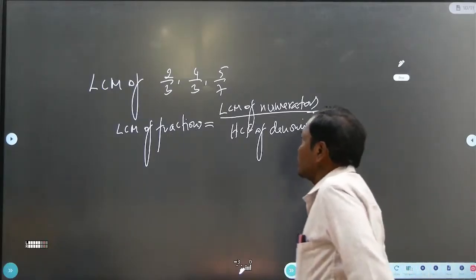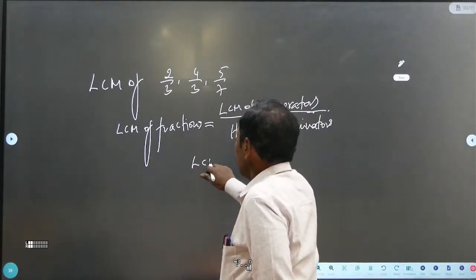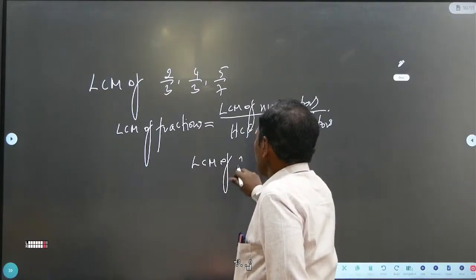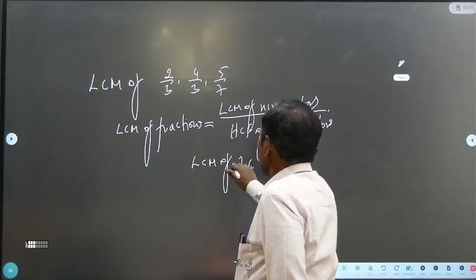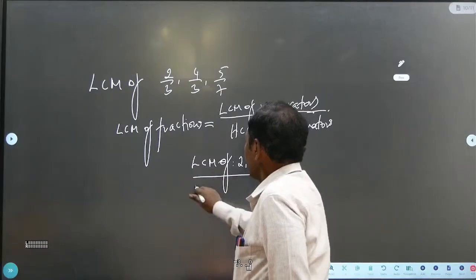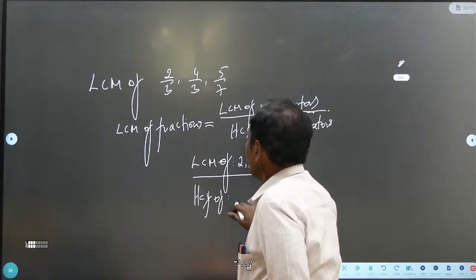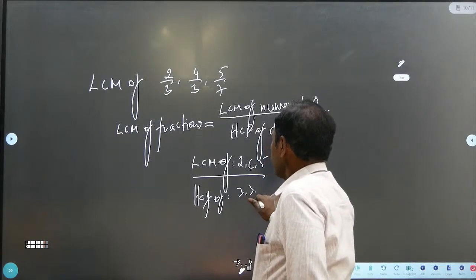LCM of fractions is what? LCM of 2, 4 and 5 by HCF of 3, 3, 7.